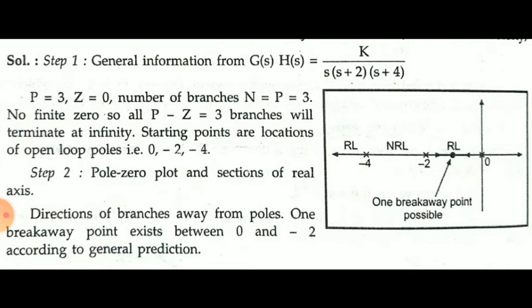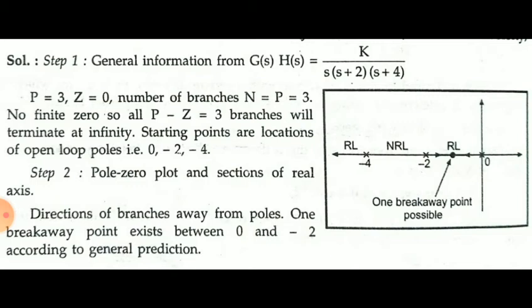Now we will solve the problem. Step number 1, G(s)H(s) is given. H(s) is 1, since it is a unity feedback system. So G(s)H(s) equals K upon s into (s plus 2) into (s plus 4). You first find out the poles and the zeros.